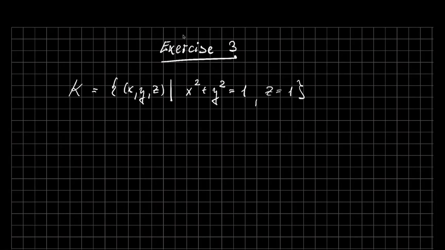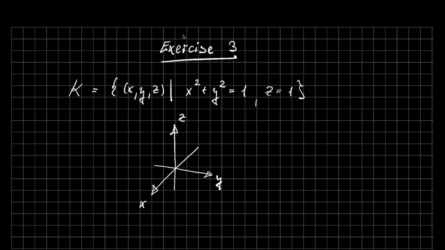You see, x squared plus y squared equal to 1 is the unit circle, but it is elevated to the plane z equal to 1. Let's try to draw this. We have here the x, y, z coordinate system.